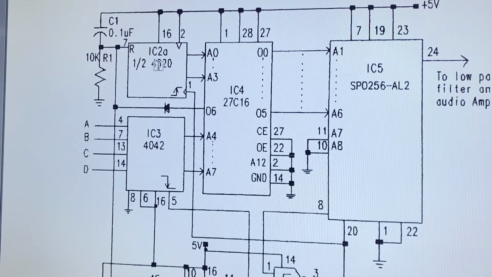This is a 4-bit binary counter, and this counter takes care of scanning the locations, the data that is stored right here. In this case, the data is applied to a speech processor, but it can be applied to any other device.